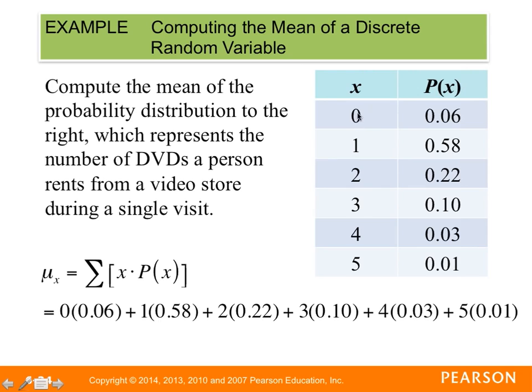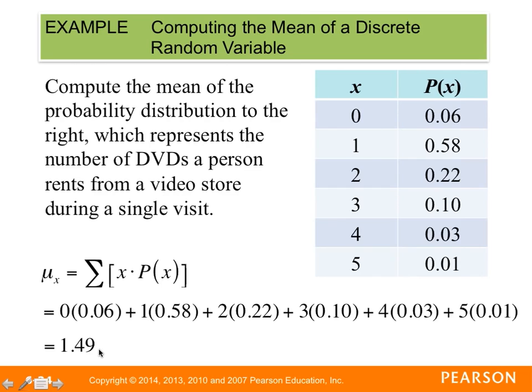So for example, we take 0 times 0.06, 1 times 0.58, 2 times 0.22, 3 times 0.10, 4 times 0.03, and 5 times 0.01. And then we just add them all together because we have this summation symbol right here. And we get 1.49. So that's the average number of DVDs a person rents from a video store if this is the actual distribution. So about 1.5 videos.